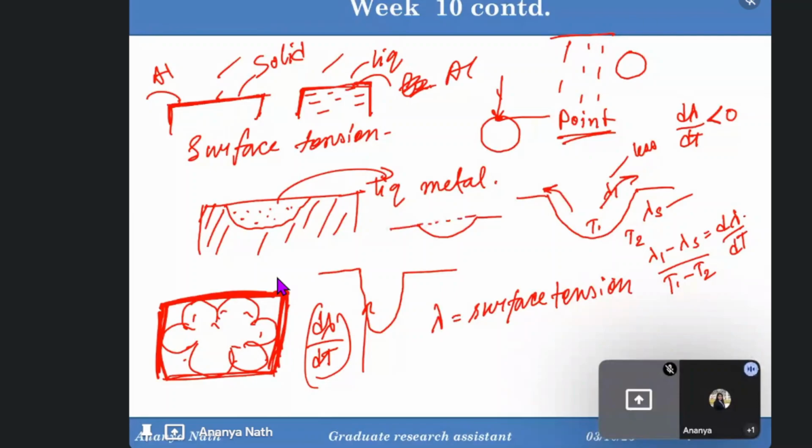Melt pool means, if you are dealing with laser material processing or heat material processing, where you are selectively melting the material present over something. In casting you pour the liquid material; in that also you can think about the melt pool, meaning a little melted region that you are dealing with.